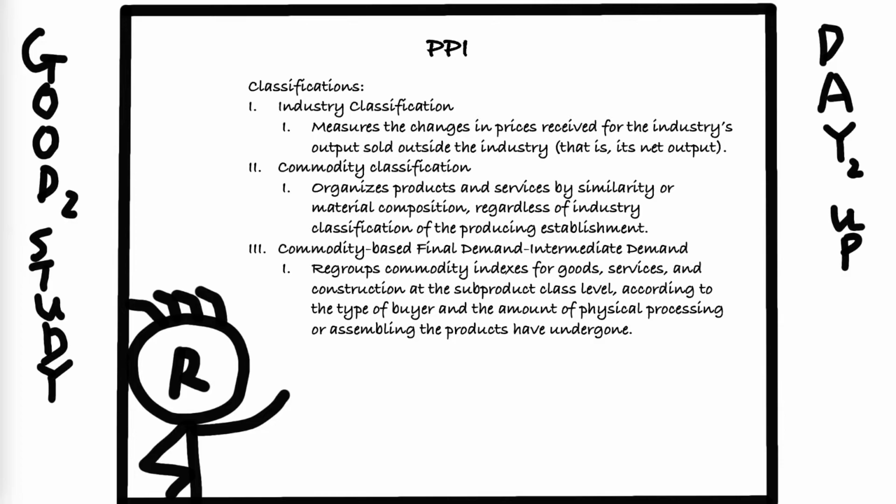It regroups commodity indices for goods, service, and construction at the subproduct level, according to the type of buyer and the amount of physical, processing, or assembling the product has undergone. It doesn't matter which classification you follow, you're likely to end up with a similar result for your calculation.